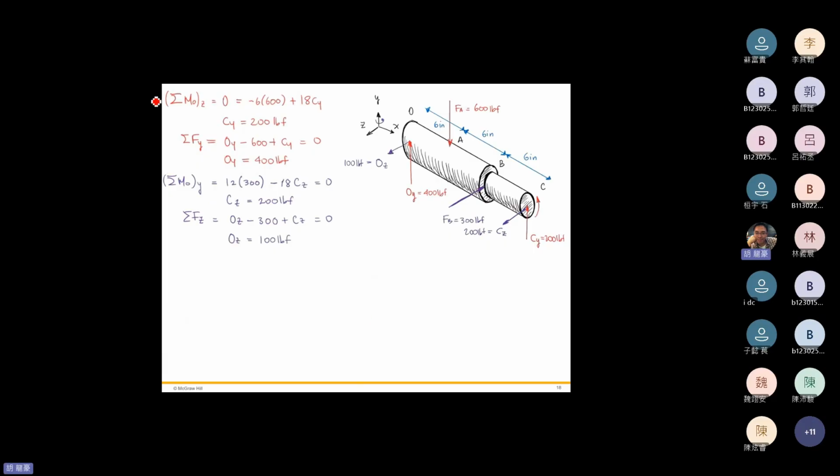From this free body diagram, we can use the equilibrium equations to figure out the reaction force at C in the y direction and the reaction force at O in the y direction: 200 and 400 pounds.